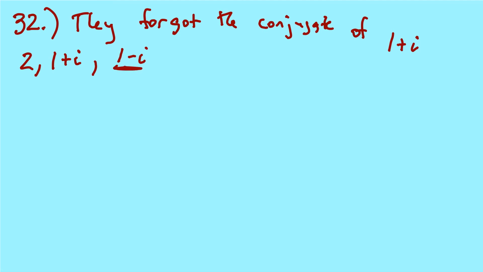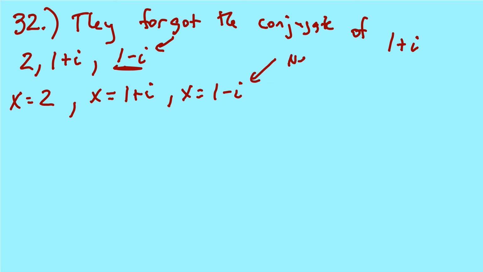That's what they forgot. So you make your x is equal to 2, x is equal to 1 plus i, x is equal to 1 minus i. I need conjugates. That's why that's there. So this and this are conjugates, so they're both there.